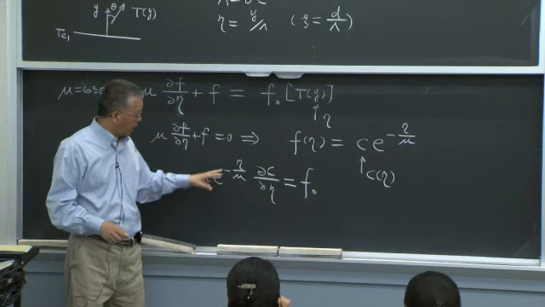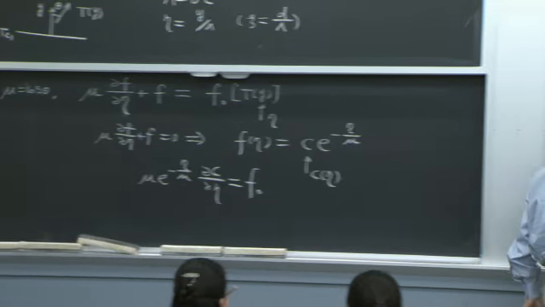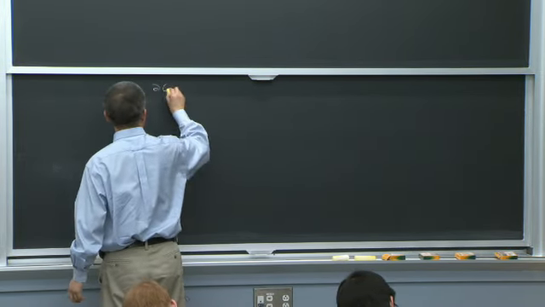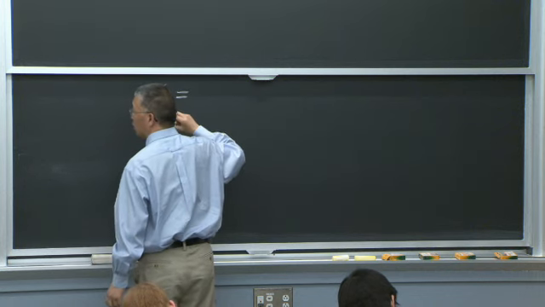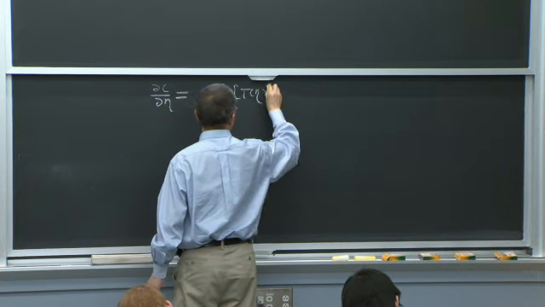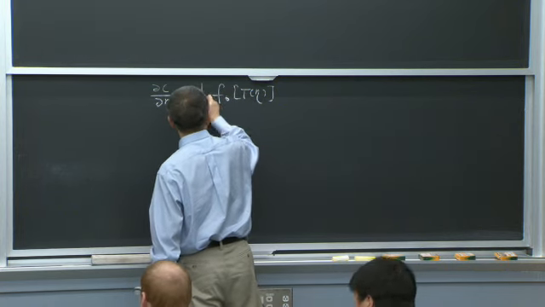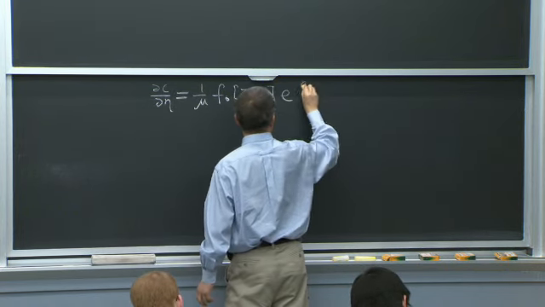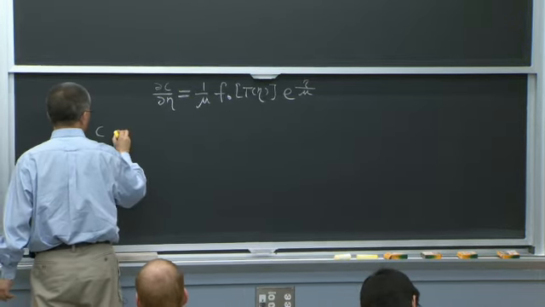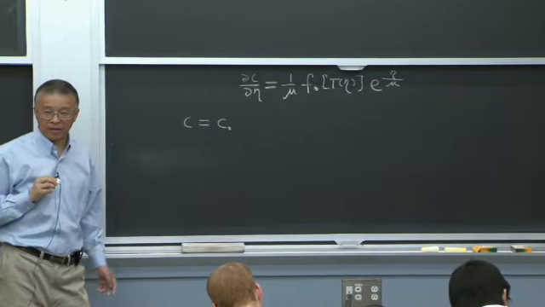Right? And now because this is a function of eta, so I can integrate. So what I have is dC/d eta equals f0, which is a function of t and eta, that's a function of t, and 1 over mu exponential eta over mu. So I integrate, I will get another integration constant, right?